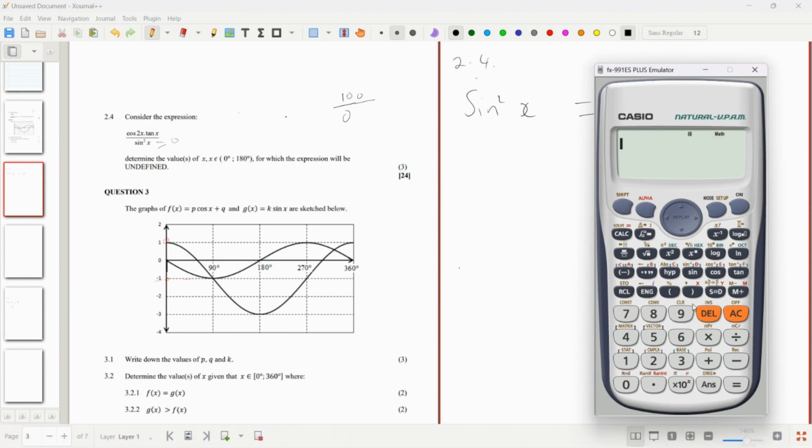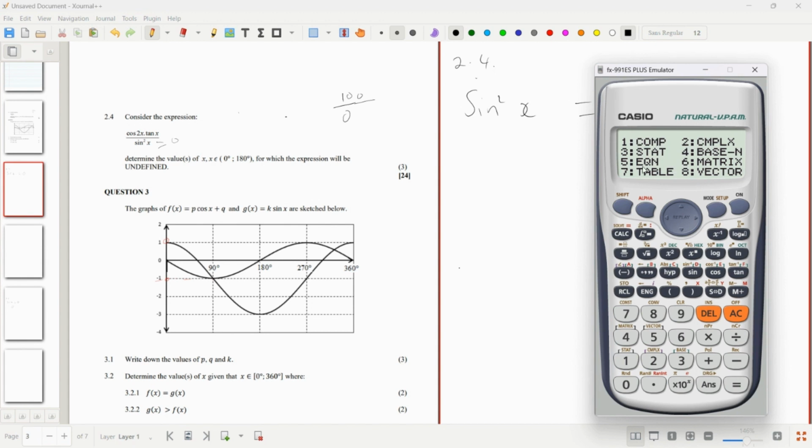So, you have your calculator like this. For you to determine those values, you need to go to mode first. In most calculators, you'll have only three options when you press mode: comp number one, stat number two, table number three.